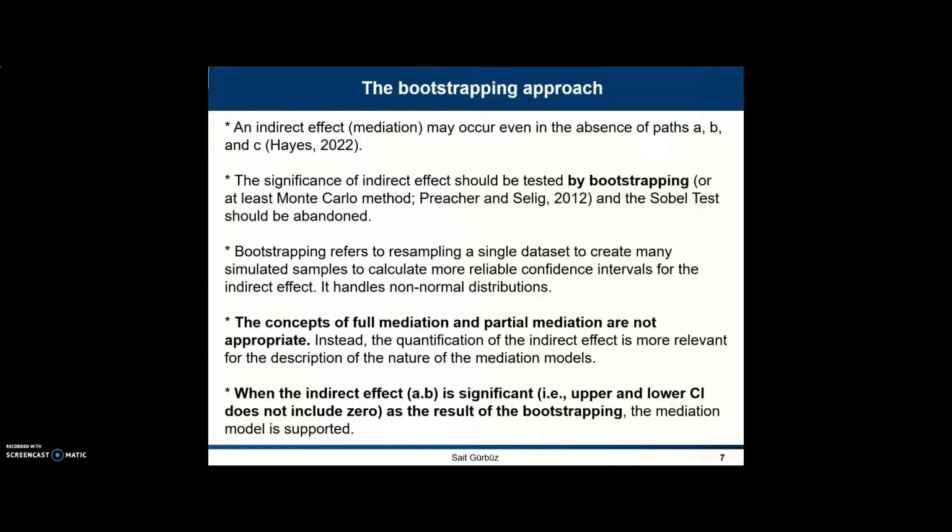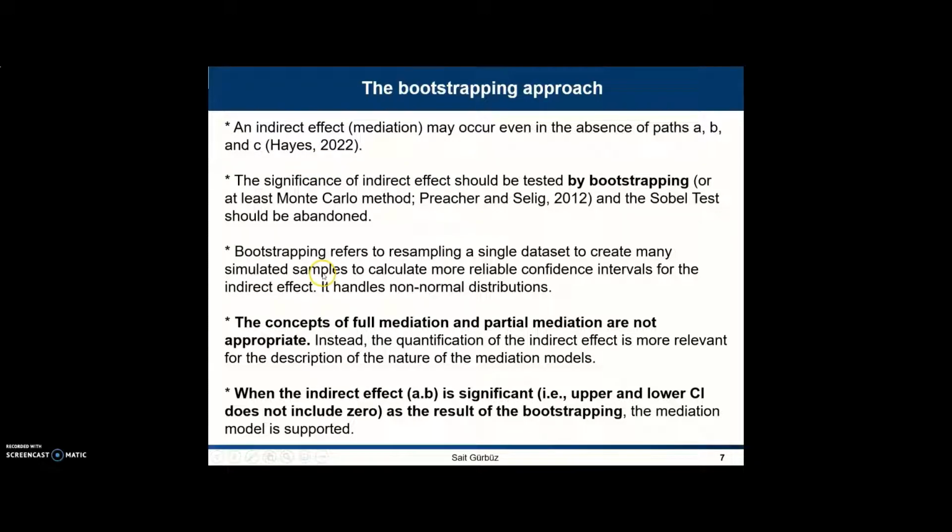This is, let's say, the contemporary and more robust approach to test mediation analysis. According to this approach, an indirect effect or mediation can still happen even in the absence of paths A, B, and C. So it's a flexible approach.